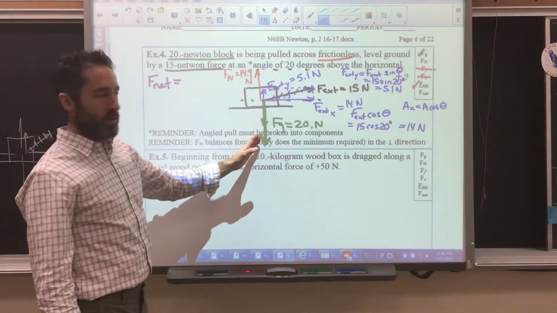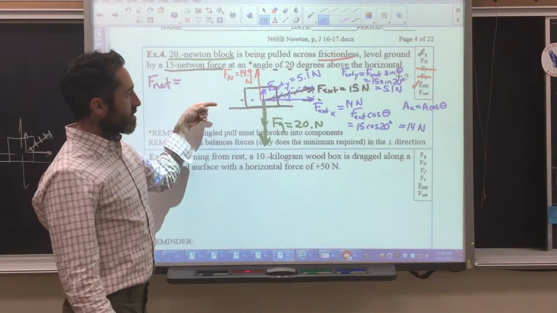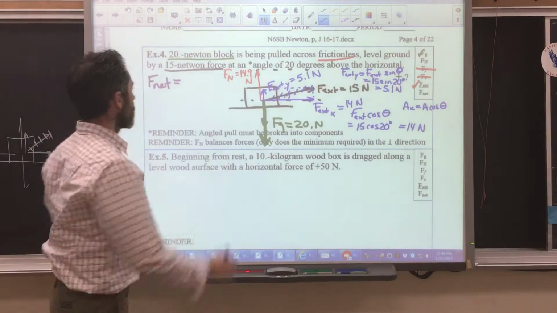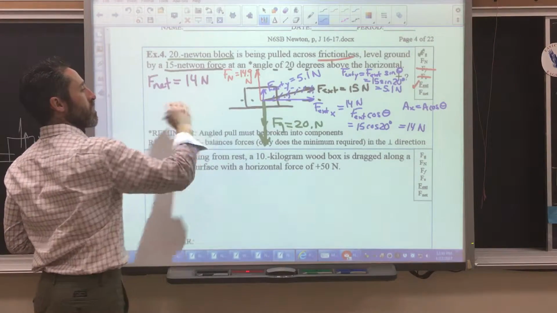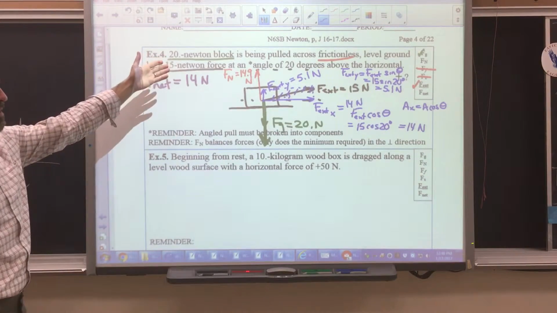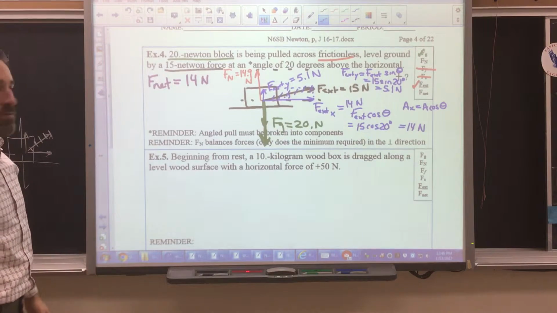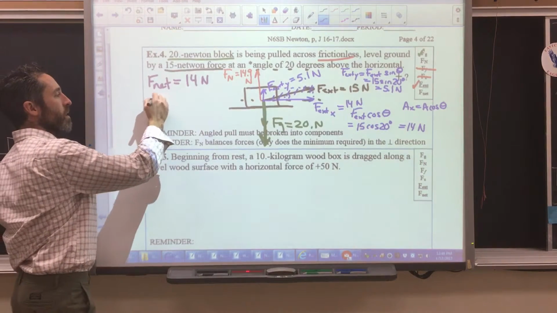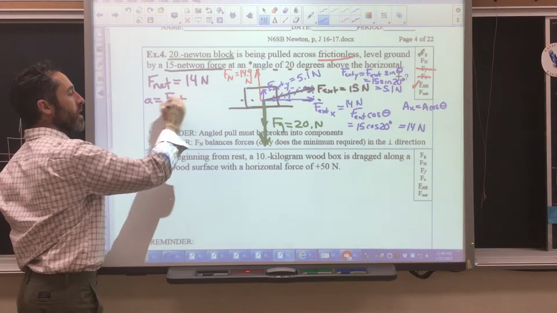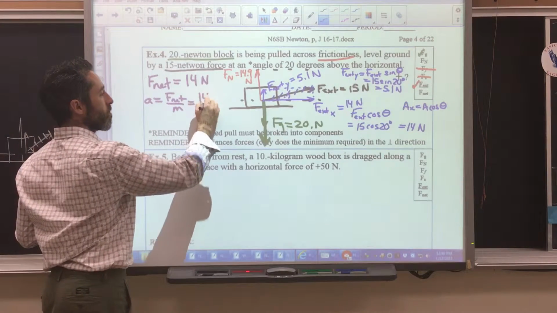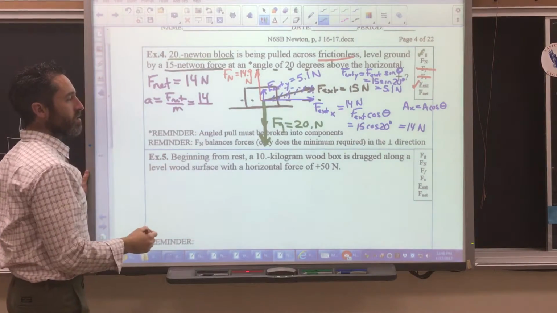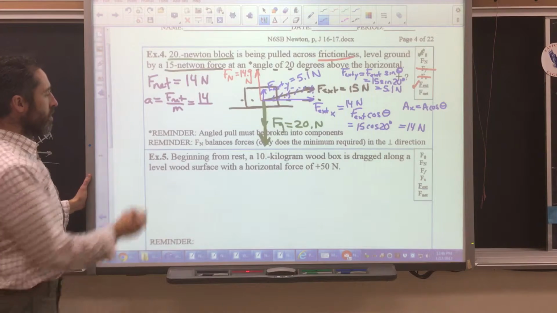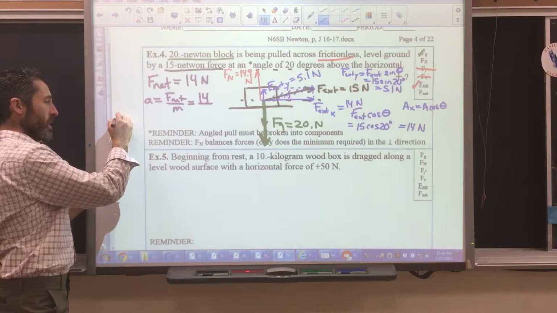Vertically, it's all balanced. Horizontally, it is not. There is a 14 Newton force to one direction. We don't know if it's right or left because they never told us. But there's a 14 Newton horizontal force. Now, if you need to find the acceleration, you do Fnet over m, which is 14 newtons over, we don't know the mass. You can approximate the mass, or go back to basics.